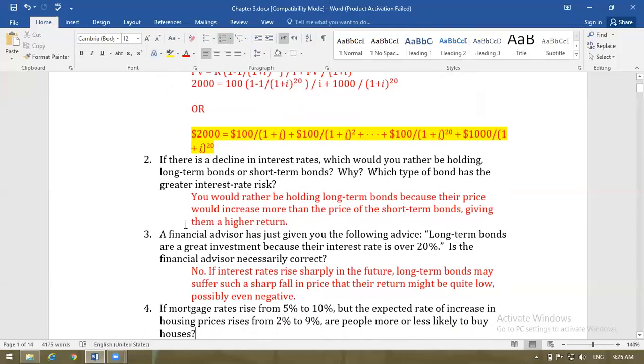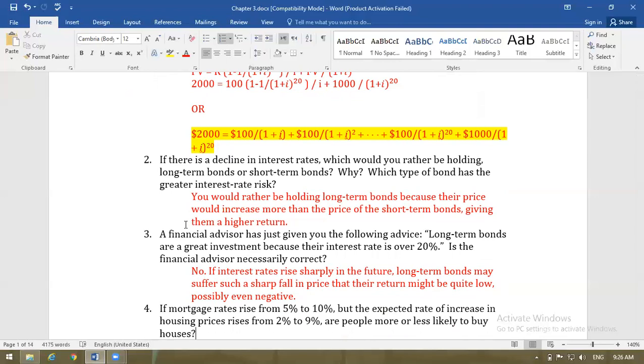Now question 2. If there is a decline in interest rate, which would you rather be holding, long-term bonds or short-term bonds? Why? Remember that whenever you are certain about the prediction of interest rate, and in this case the interest rate will be decreasing in future, long-term bonds will be more beneficial than short-term bonds.